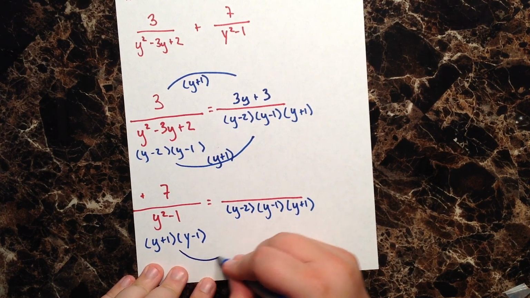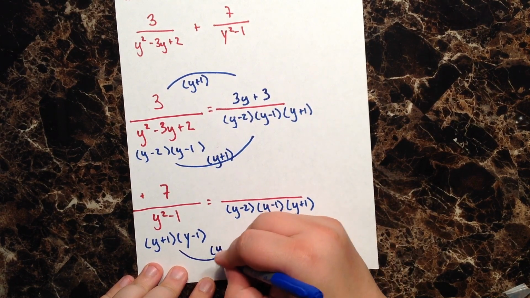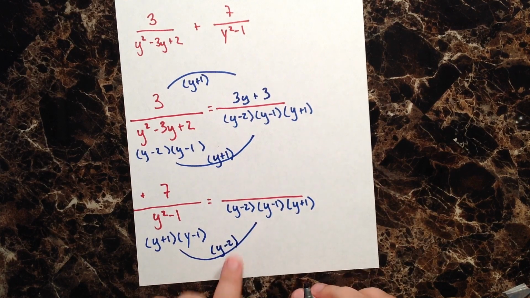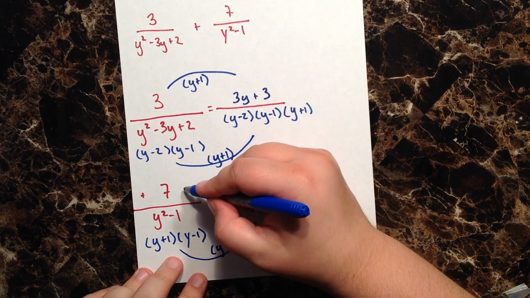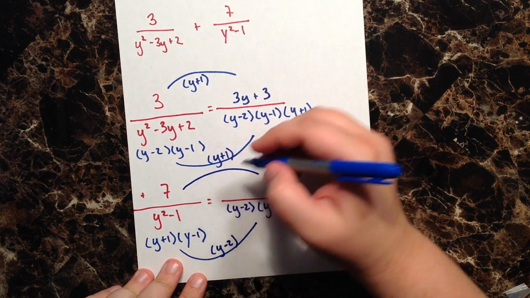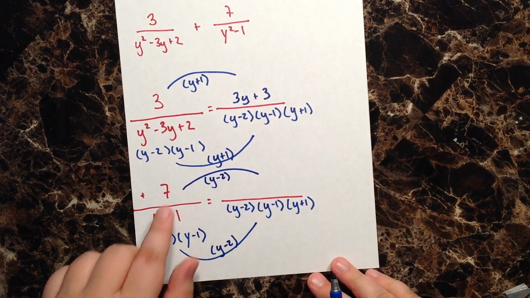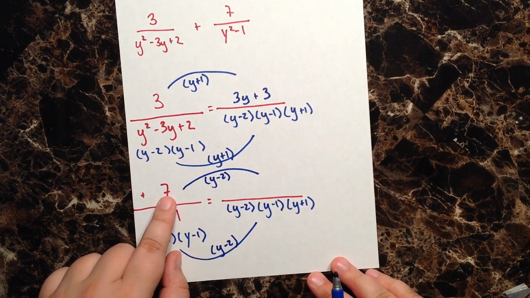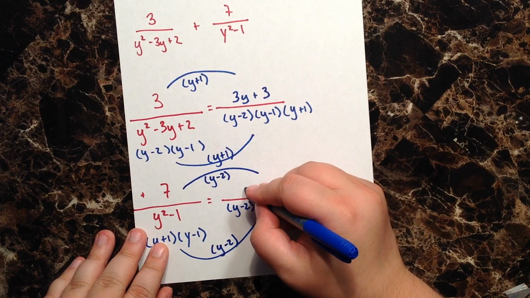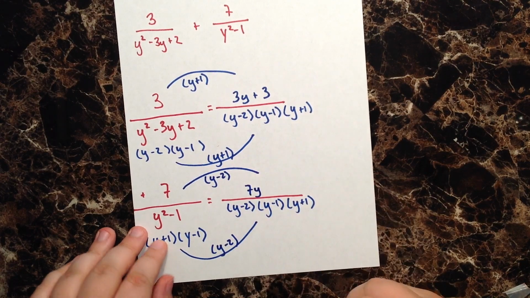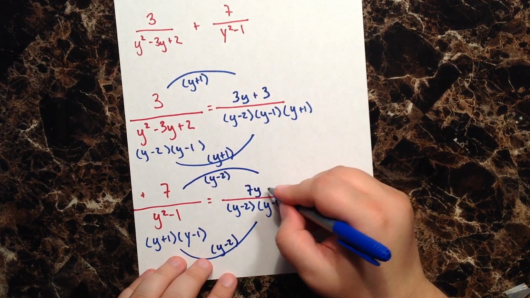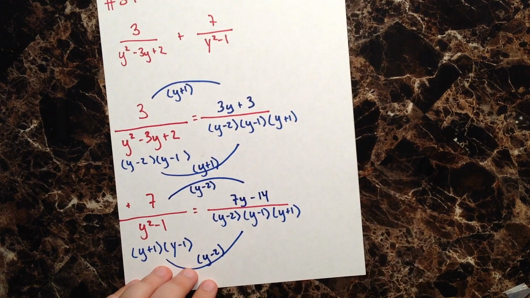So I obviously had to multiply in order to get it as part of my common denominator for the second fraction here. And whatever I do to the bottom, I have to do to the top. And so 7 times y minus 2, well, what's 7 times y? That gives me 7y. 7 times negative 2 gives me negative 14.